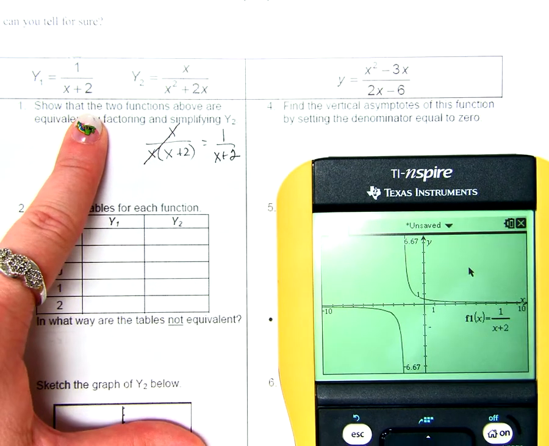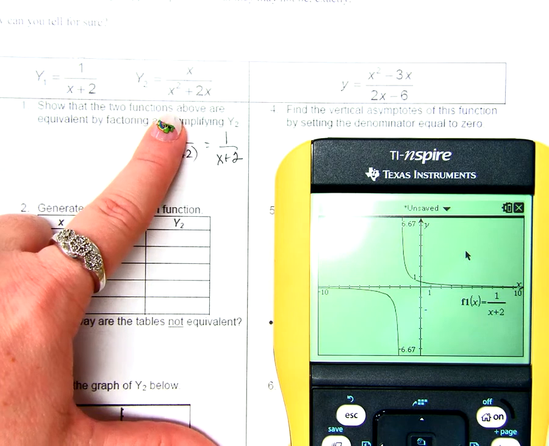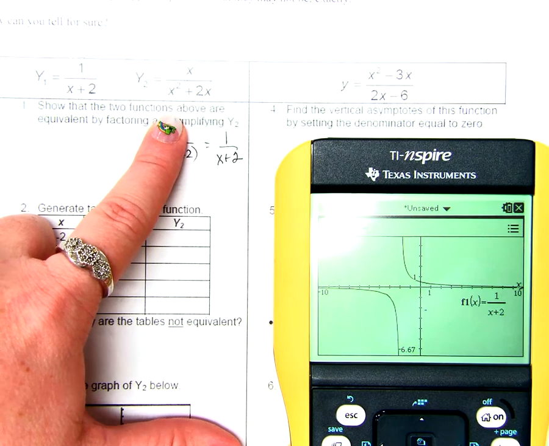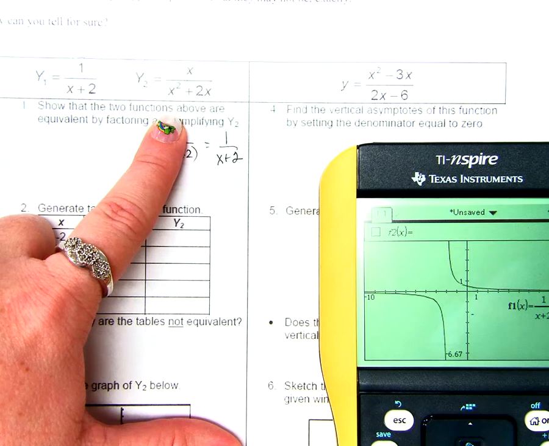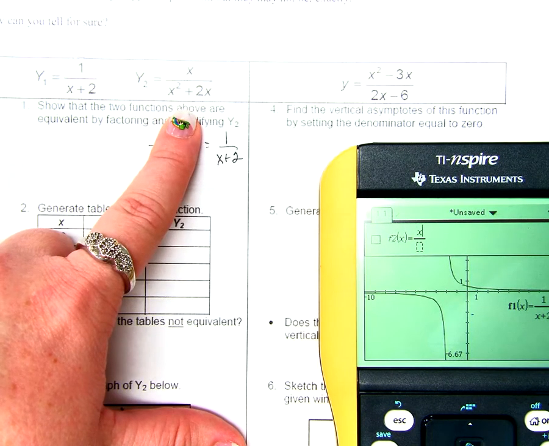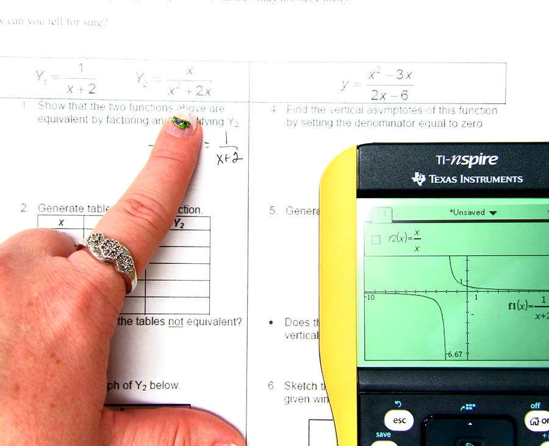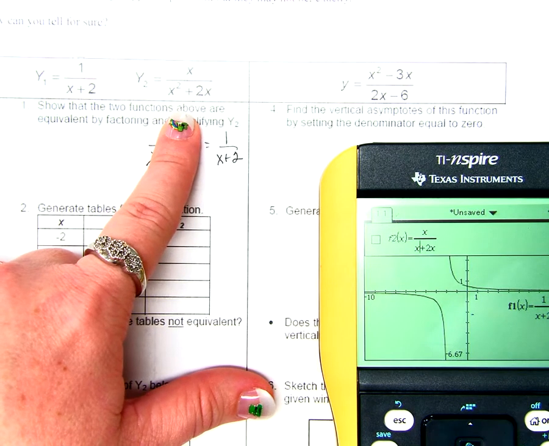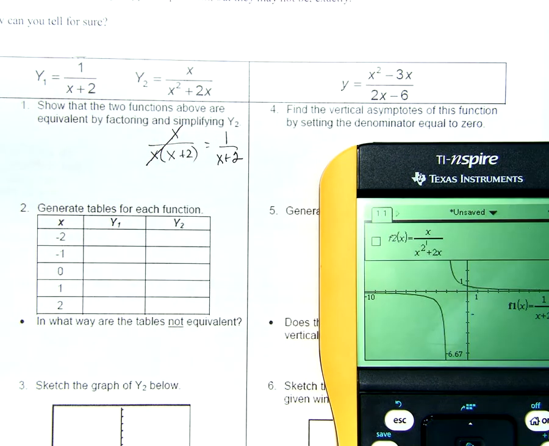Then if I look at my second one, I want to tab to enter a new function. You can't see that, sorry. Control divide, give myself a fraction to work with, x over x plus 2x. Ooh, that's x squared, isn't it? X squared plus 2x.